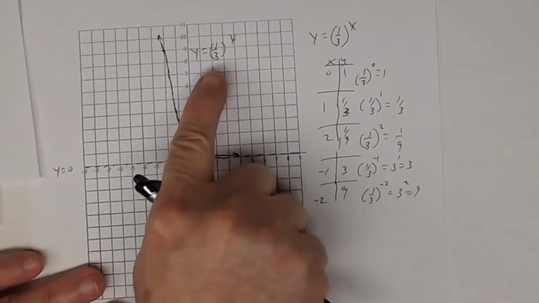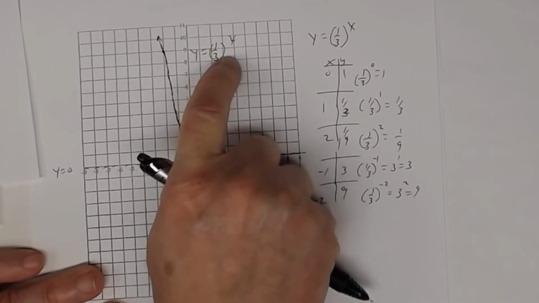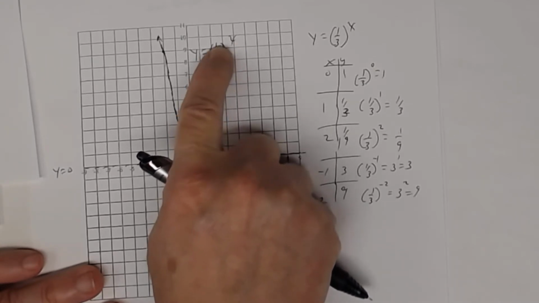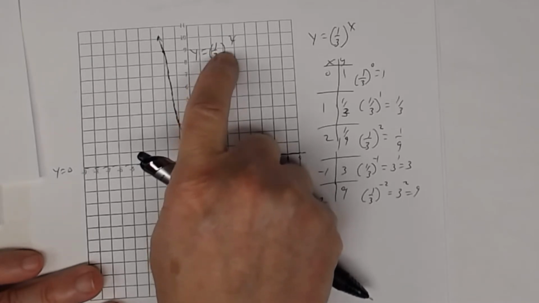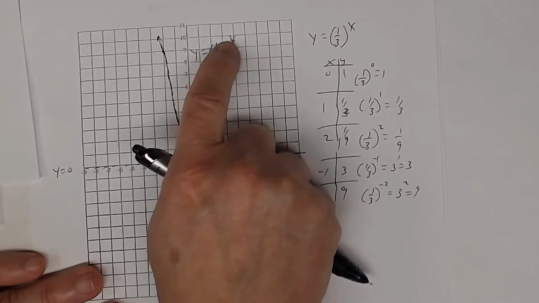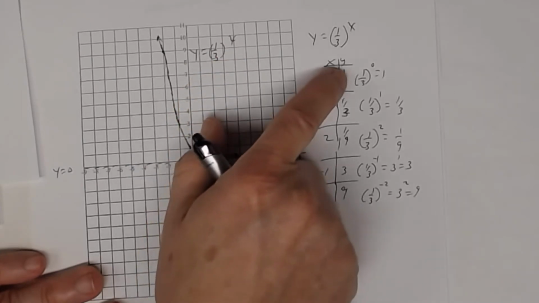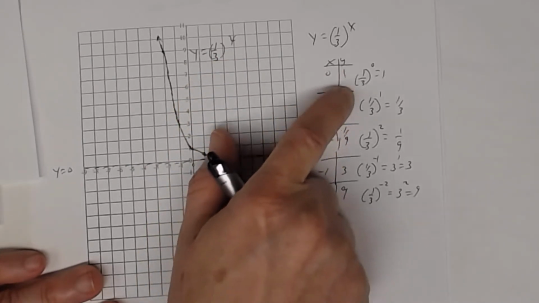But what I'm saying is that if there's no number on the outside, then if you think of this as a parent function right here, 1/3 to the x, we don't call it a power function because it's not a power function. It's an exponential. Whenever you have some number raised to just the x power, this y value will never be negative or 0.